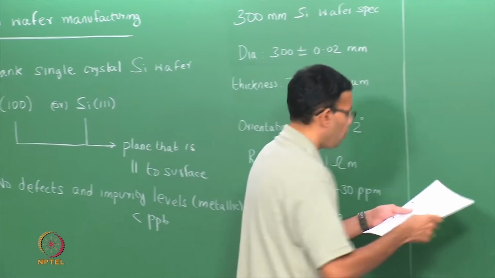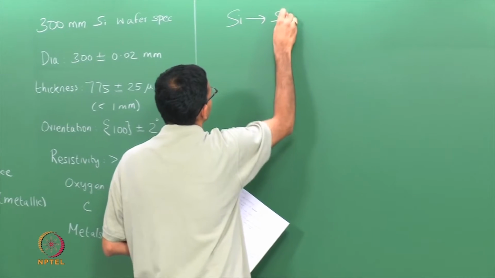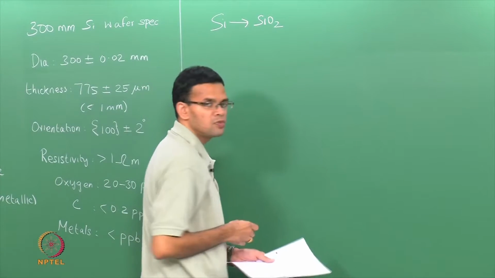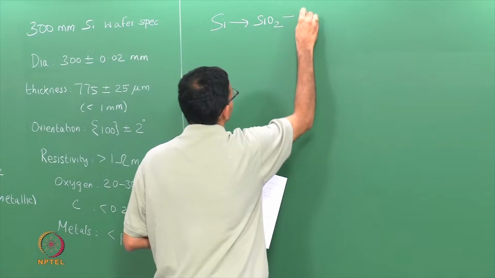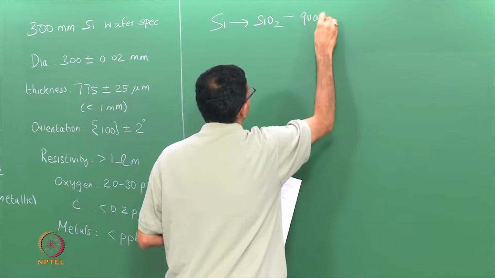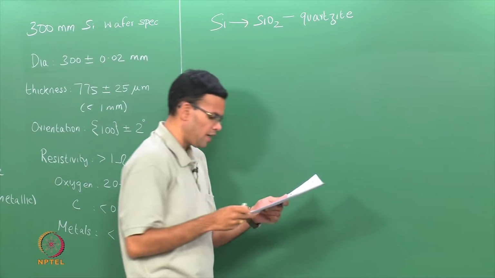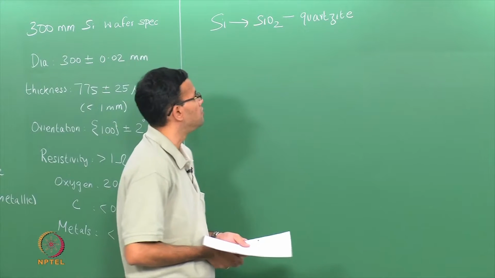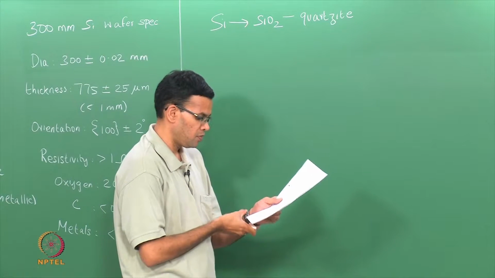The starting ore for silicon is of course sand or SiO2. SiO2 is just quartz and the ore is called quartzite. Quartzite is a relatively pure form of silicon dioxide, but it does have some metallic impurities in it.